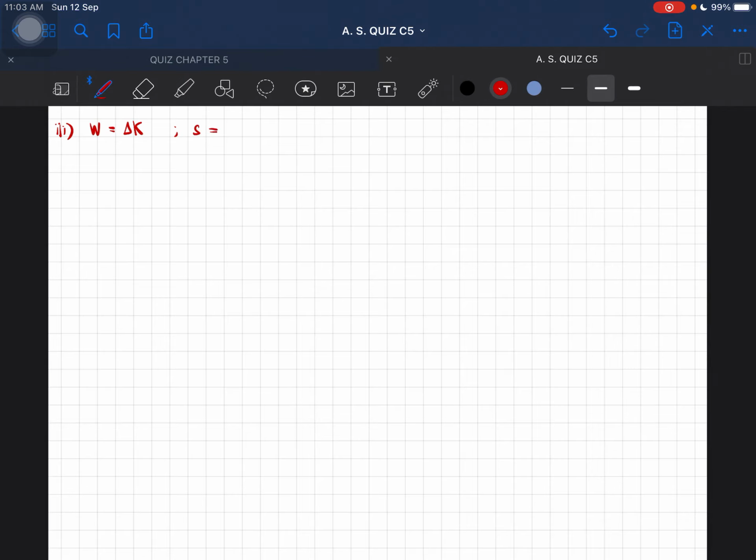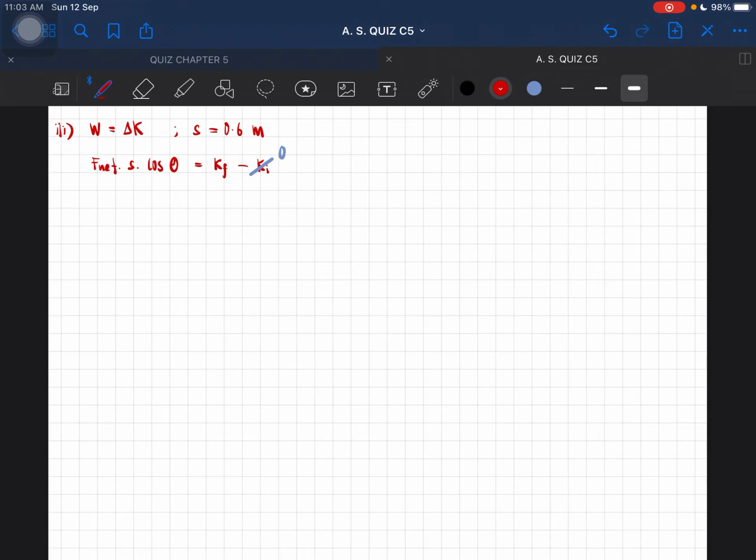The displacement is given, which is 0.6 meter. Work can be calculated using F s cos theta equal to kinetic energy final minus kinetic energy initial. Initially the block does not move, so the initial kinetic energy is 0.